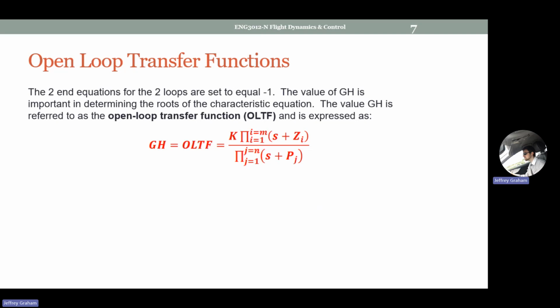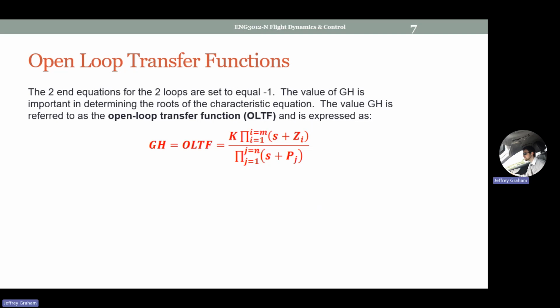Starting with the open loop transfer function then. So in that last little discussion there, we had GH, representation of open loop transfer function, abbreviated here to OLTF, open loop transfer function. And this nasty little equation is a little bit easier to understand once you get your idea of what's going on here.